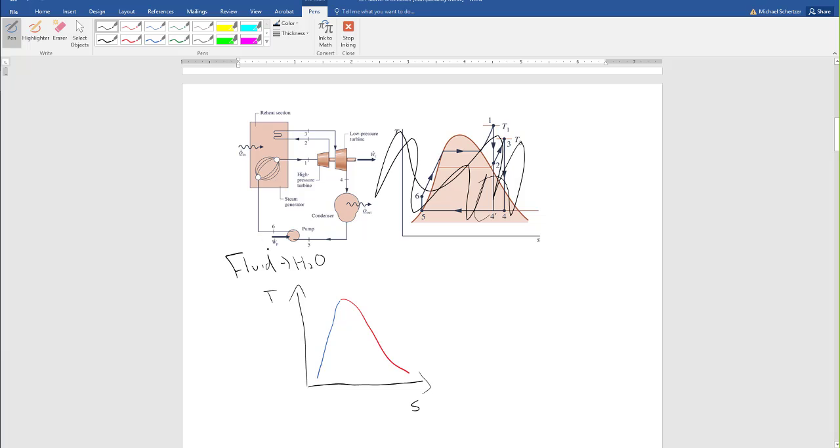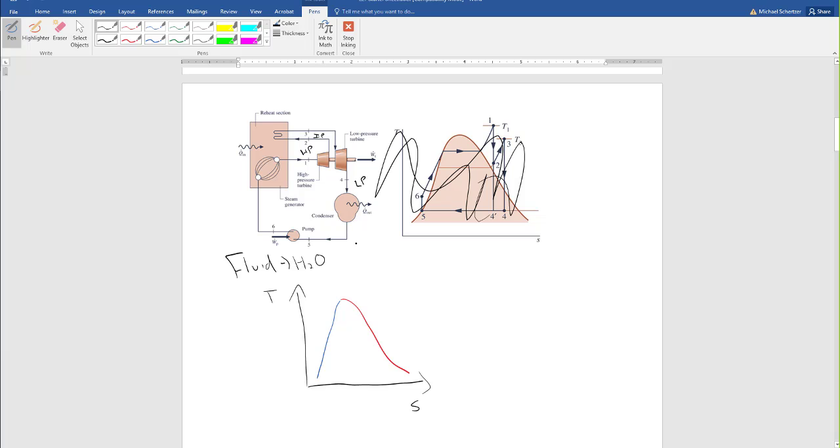The next thing that I do is I look to see how many pressures are in the cycle. So this is the highest pressure, but then as we go through the first turbine, the pressure goes down. So then there's some intermediate pressure. Then we go through the second turbine, and there's some kind of low pressure here.